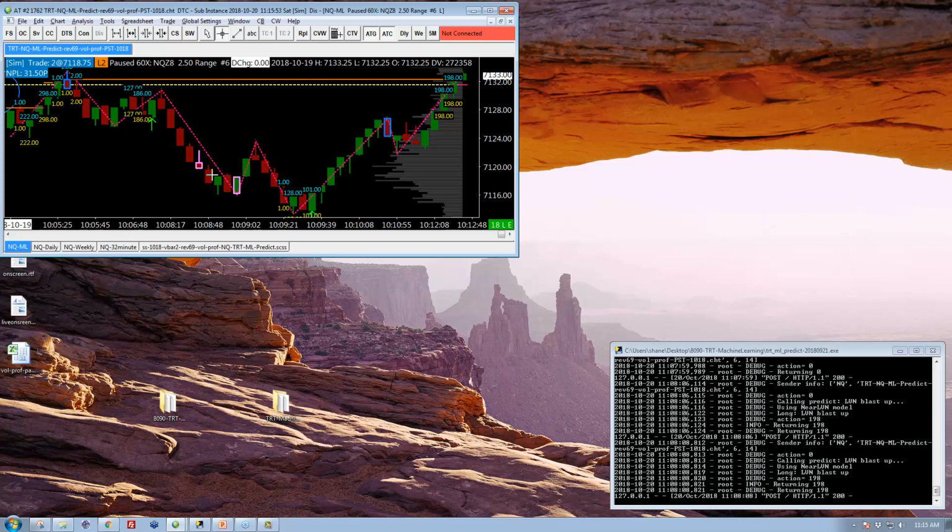Let's look at the difference between Rev 69 and Rev 55. Rev 55 has been in use since March, or maybe April. The difference between the two is that in Rev 55 we put information in the data itself about where the wave peaks are and things like that.